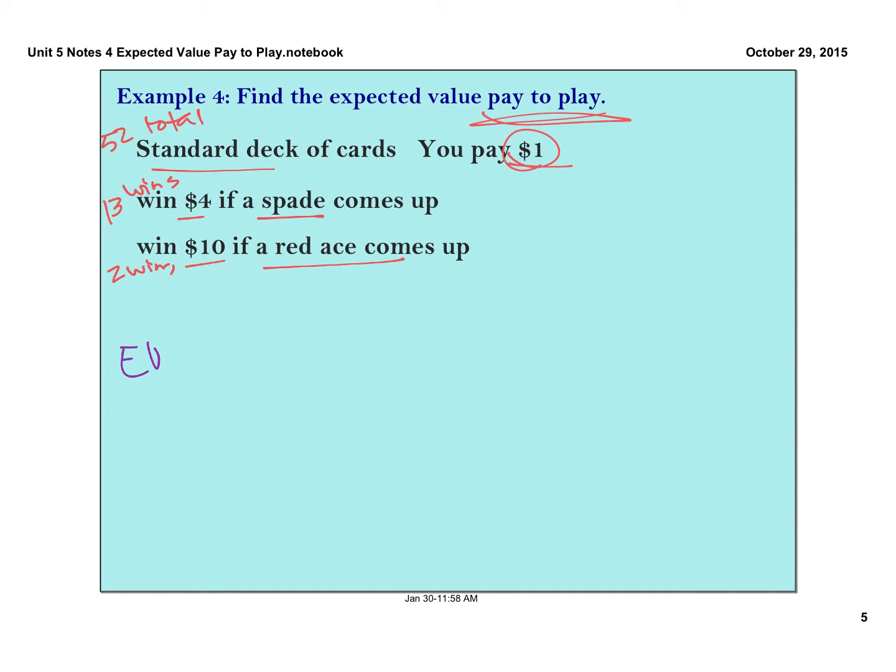So here's my expected value for pay to play. That was a P there, sorry. So $4 win times 13 out of 52 cards for probability of winning, plus $10 win for 2 out of 52 cards, minus your bet amount, which is $1.